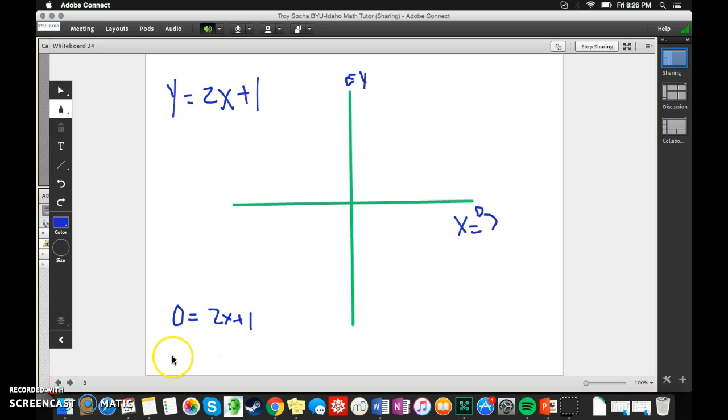And then we solve for x. We get x equals, I'm having issues, x equals negative 1/2, because here we divide by 2 after we're minusing 1.